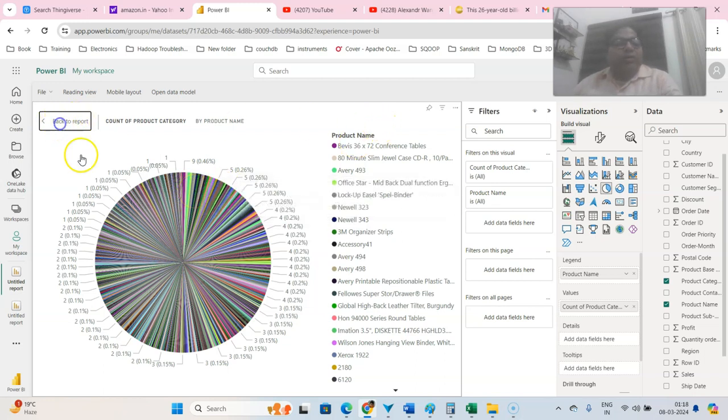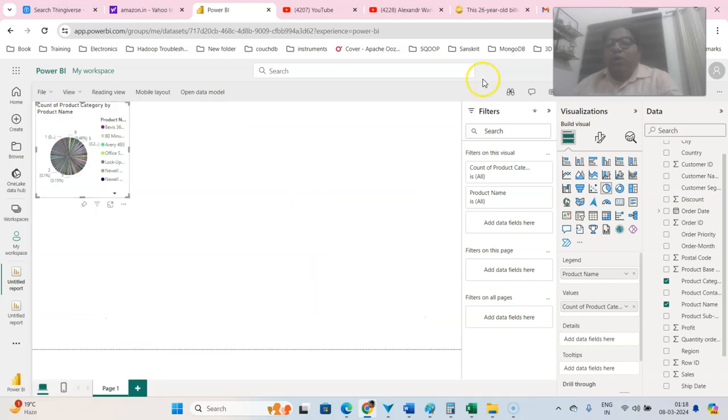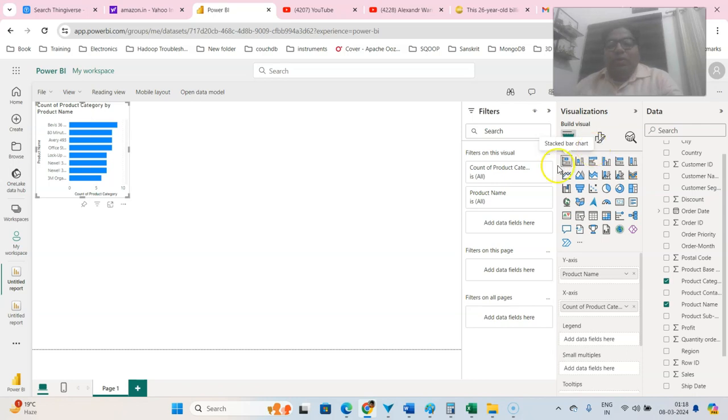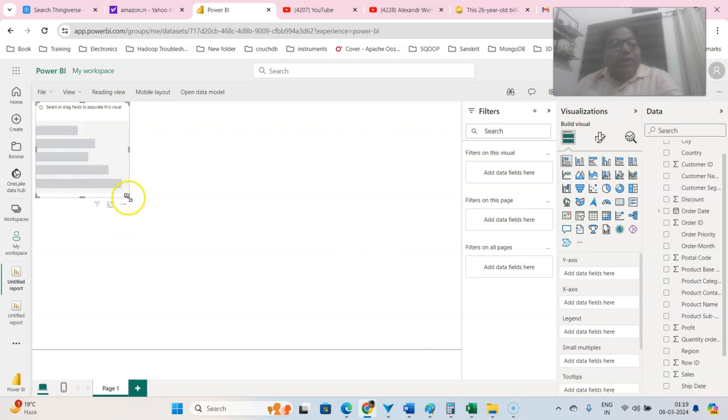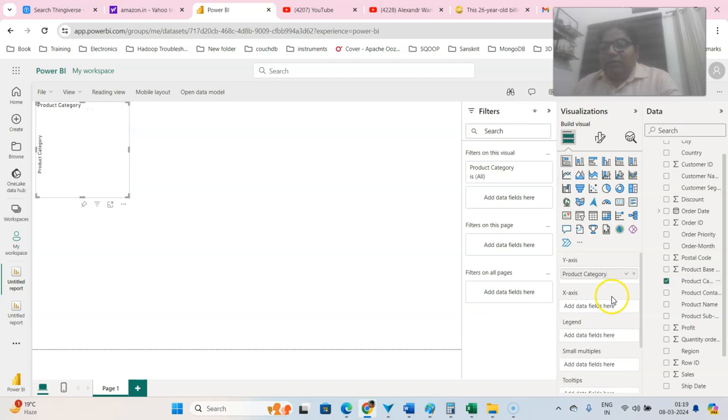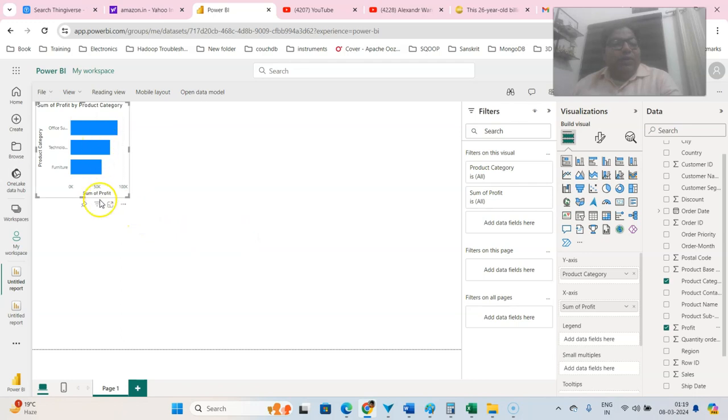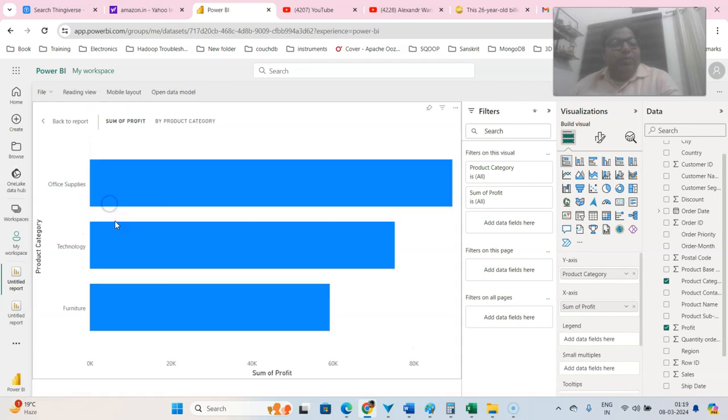Now let's go back to the report and see where and when we can use a line chart or bar chart. Let's say I remove this, and as I told you, the bar chart is supposed to be used when we have the requirement for the aggregate value. Let's say on the y-axis I'm putting the product category, and on the x-axis I'm putting the profit. Let me put it on focus mode.